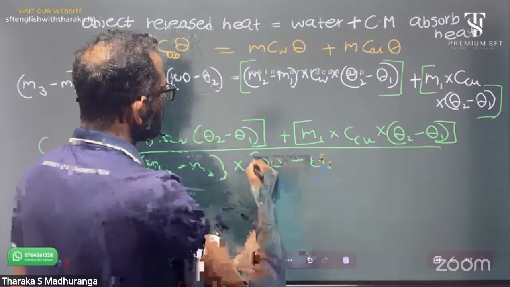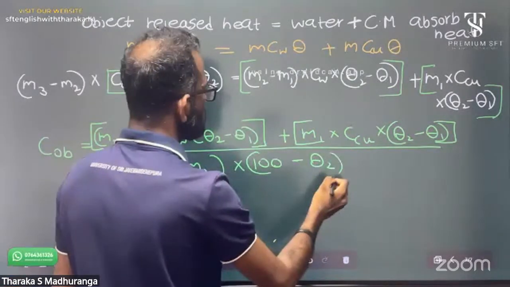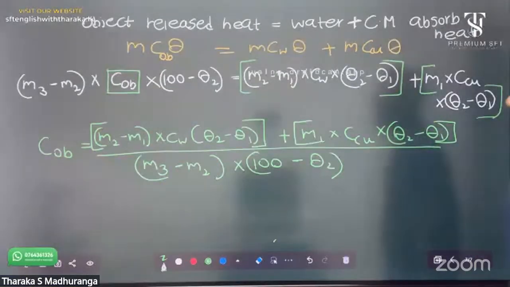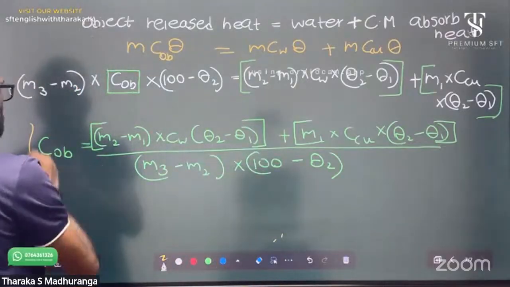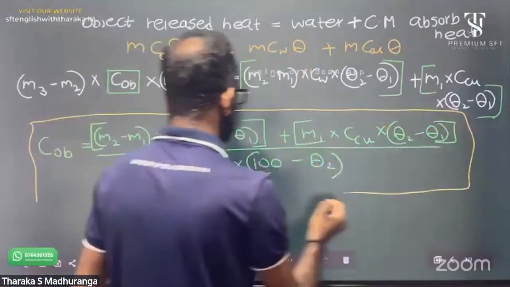Okay, this is the story. This is the specific heat capacity of an unknown substance using the mixture method.